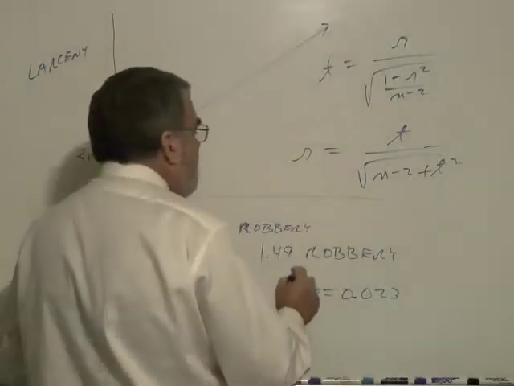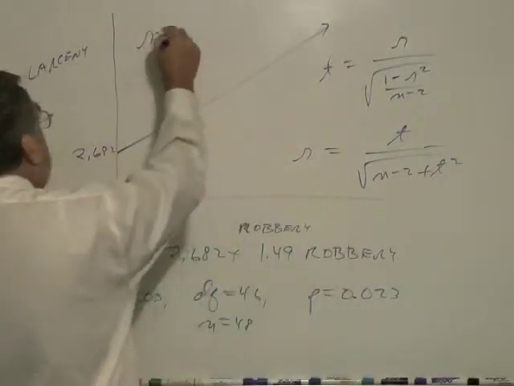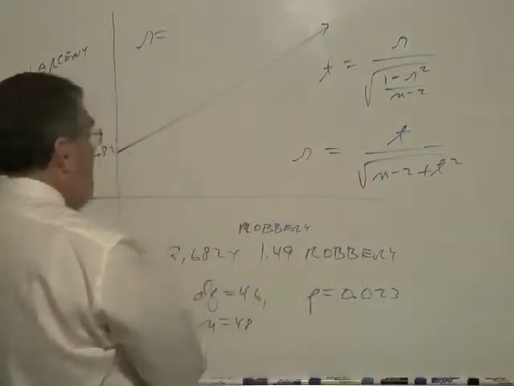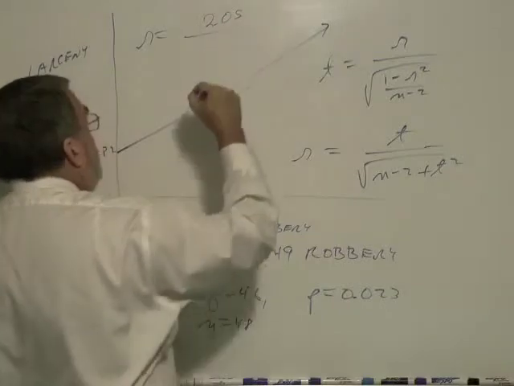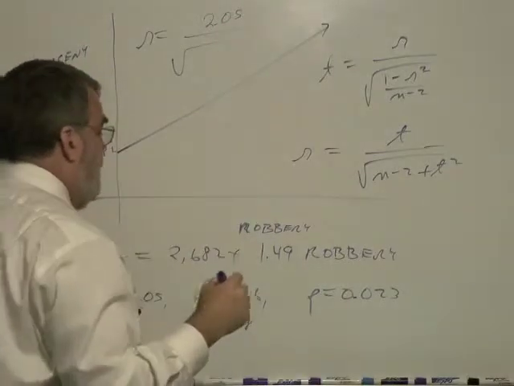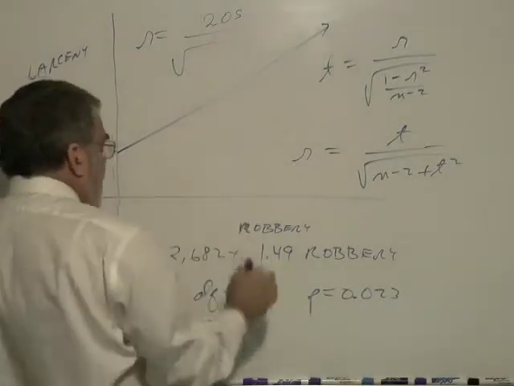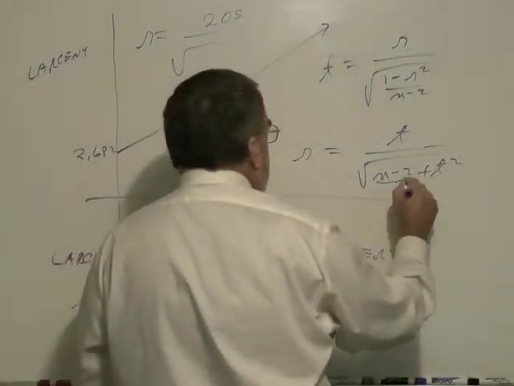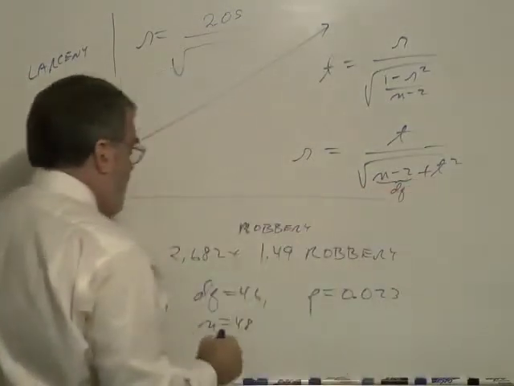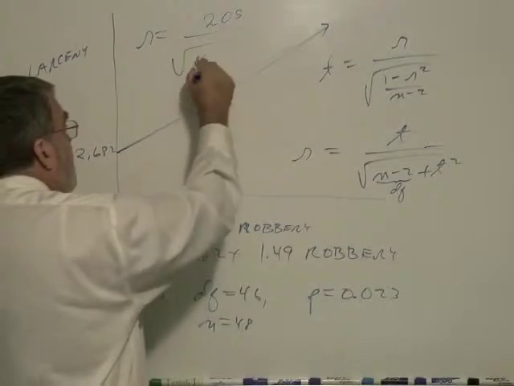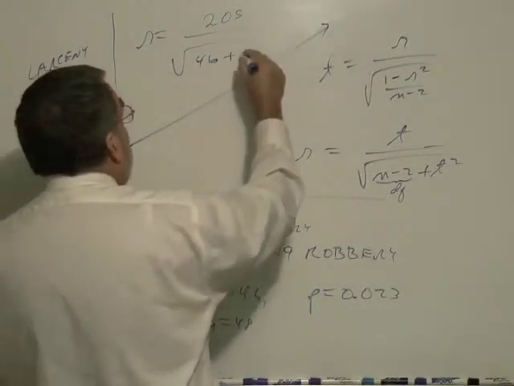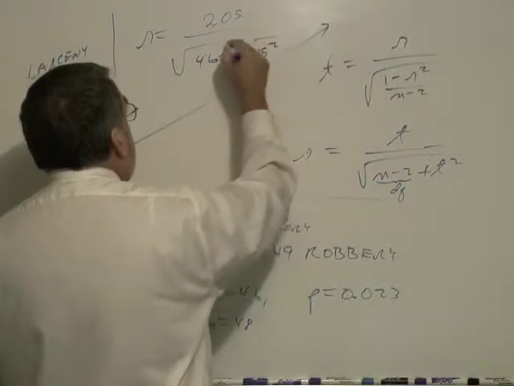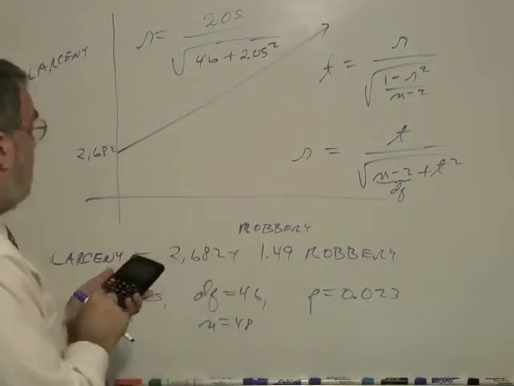If I plug in my numbers, 2.05 for t, divided by the square root of n minus 2, that's the degrees of freedom, which was 46 in this case, plus t squared, 2.05 squared. Well, let's see what we get here.